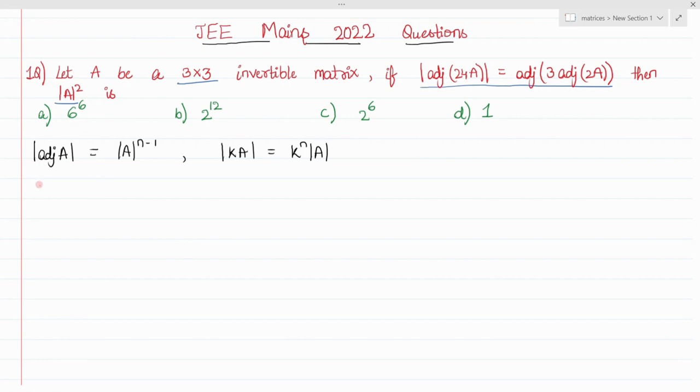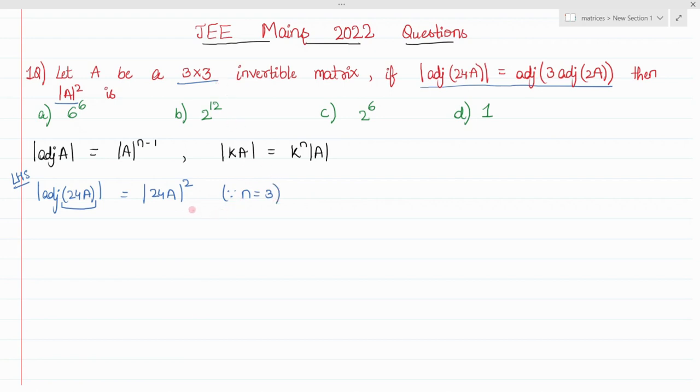First, the given is determinant of adjoint into 24A. This is the LHS we're going to solve. So how to write this? Using this property, we can assume this as A and write it as determinant of 24 into A whole power n minus 1, which is 2, because here n is 3.